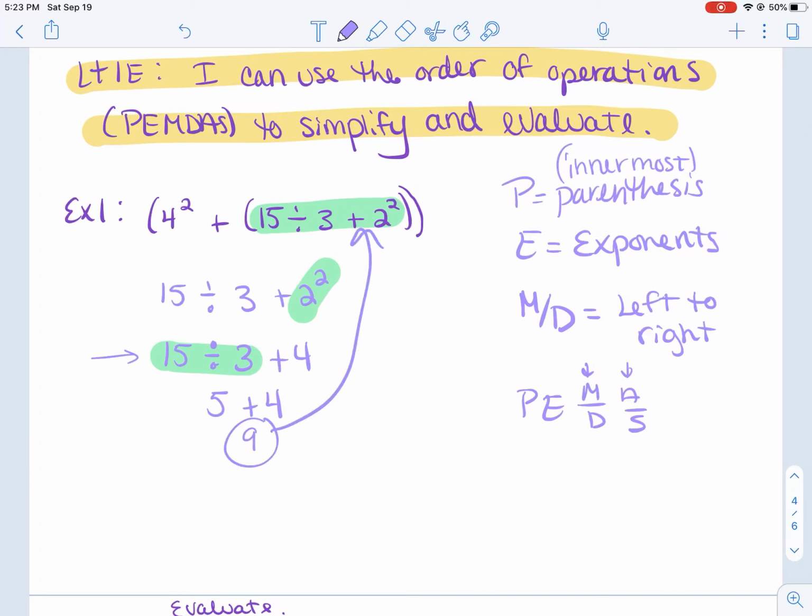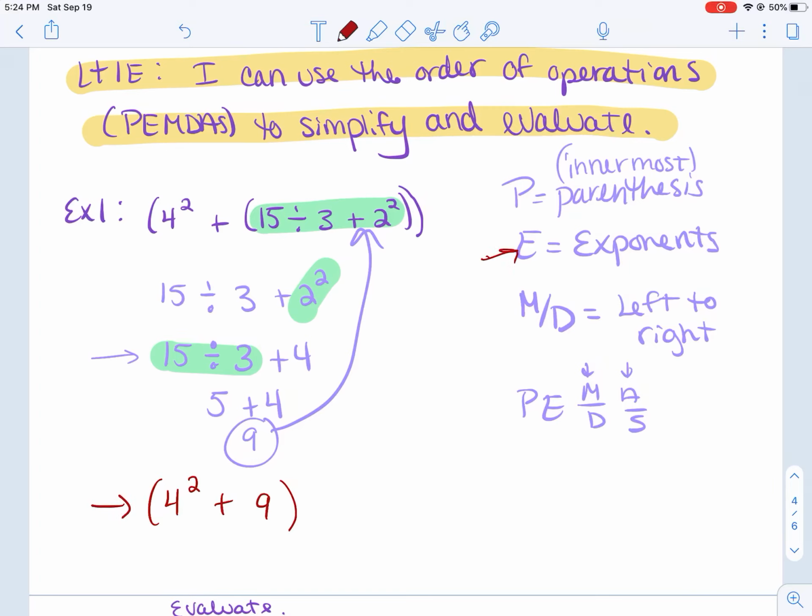So that little piece is what belongs inside that set of parentheses. We simplified all of that. So the remaining problem is 4 squared plus 9, right? I don't technically need these parentheses anymore because I've done all of the stuff inside of them. So now I just use order of operations to simplify what's left over for me.